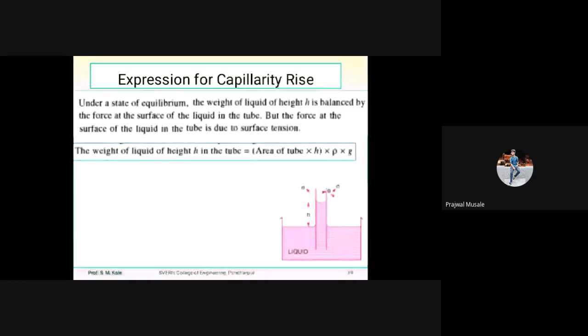So weight is volume into rho g. Here volume is area of the tube into h, into rho g, and that is the weight of liquid having height h in the tube.